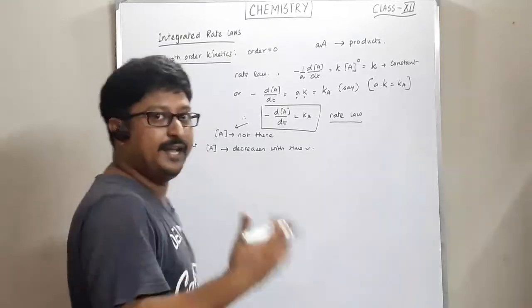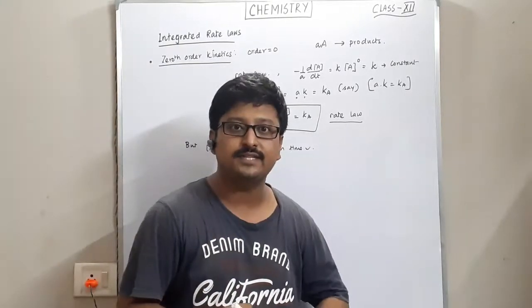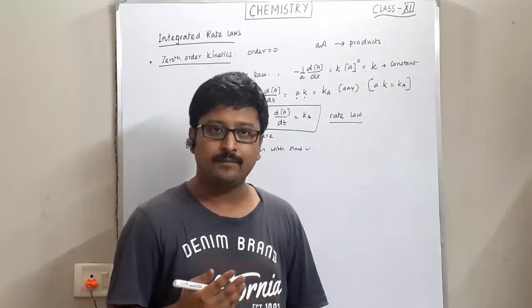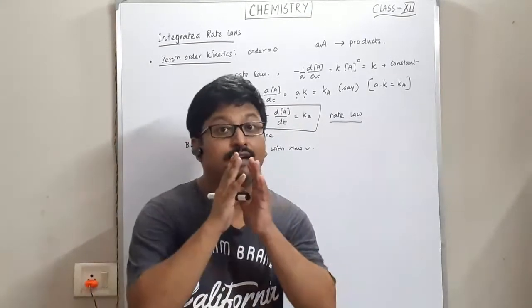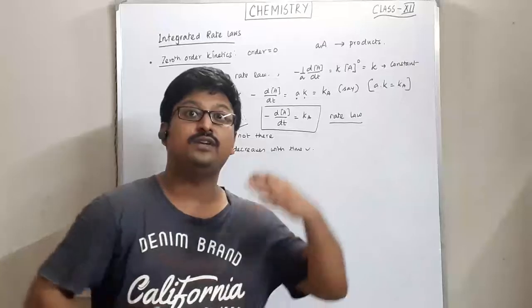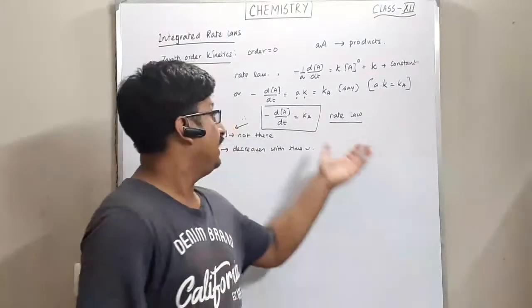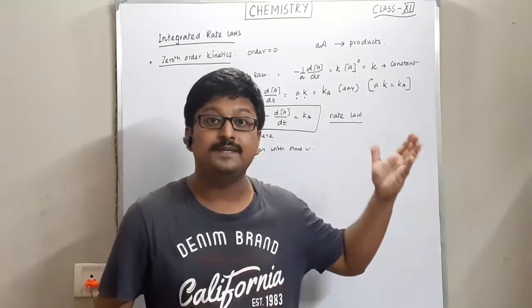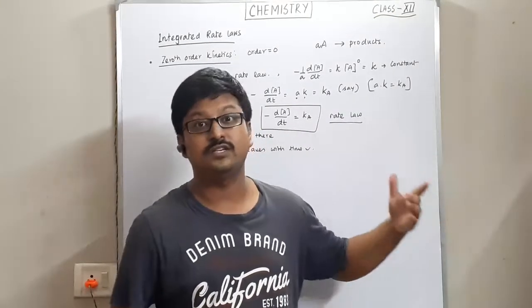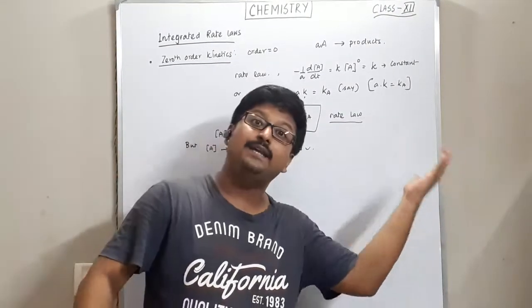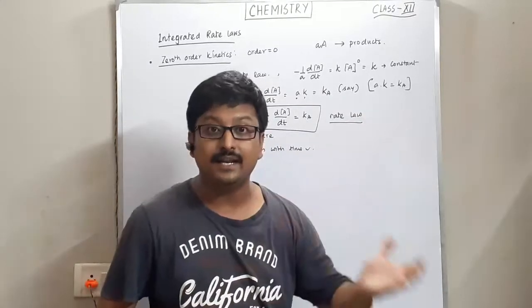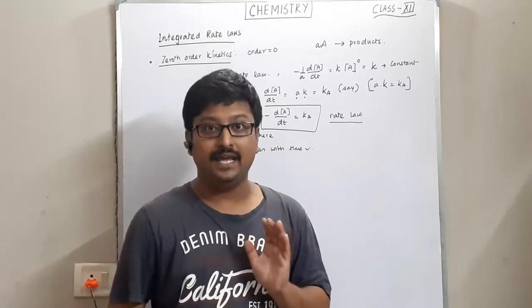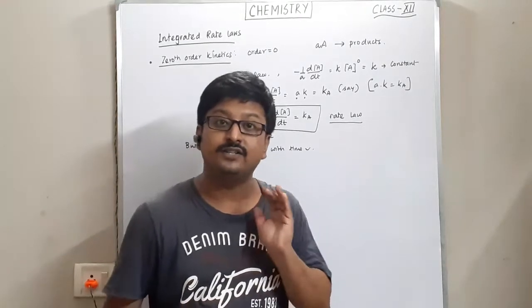Correct? Definitely the concentration of A decreases with time, but it is not mentioned in the rate law. So what is happening here? Because in the rate determining step, which actually gives you the reaction, the rate law is basically zeroth order, that is concentration independent. But in the other steps, other than the rate determining step, your A is still there, that concentration is important.